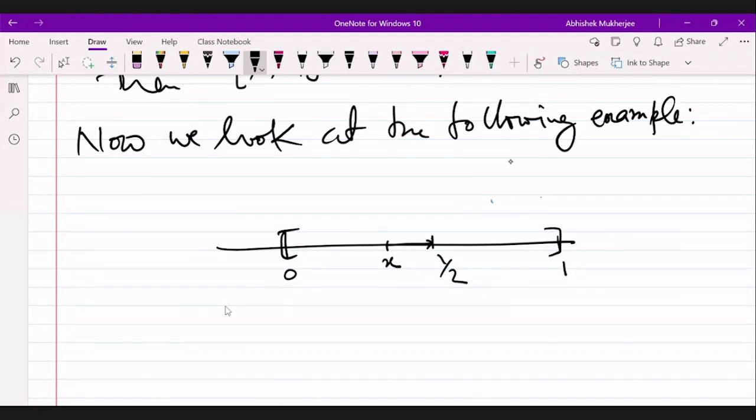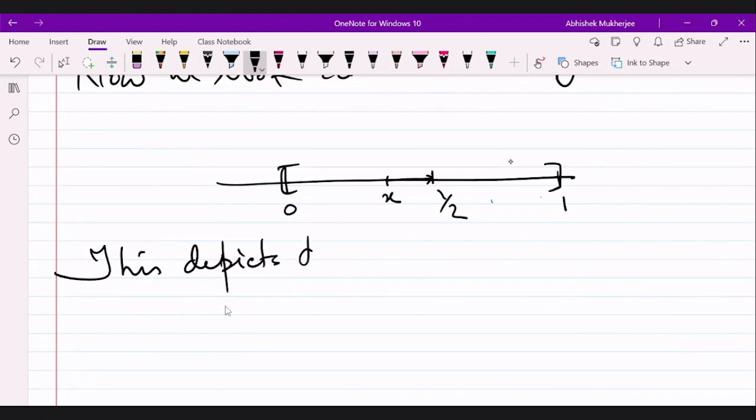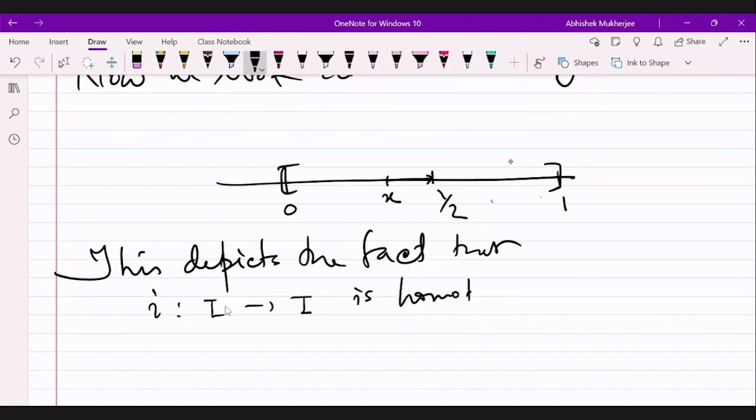You just need a line segment connecting this X and half. You can always draw this kind of line segment because it is a convex space, right? So this depicts the fact that the identity map from I to I is homotopic to a constant map, right?